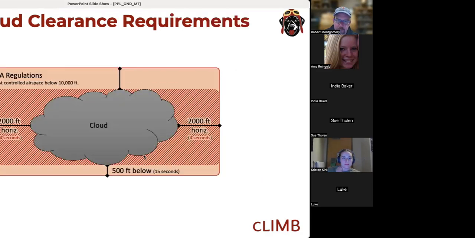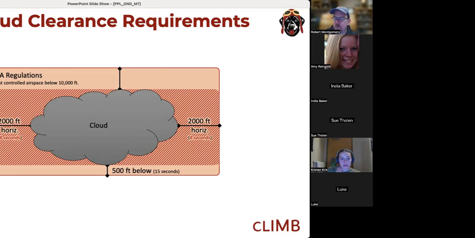So what this translates to is how the FAA regulations are written. Our standard cloud clearance requirement is that I have to be at least 500 feet below a cloud, at least 1,000 feet above the cloud, and at least 2,000 feet horizontally from the cloud.